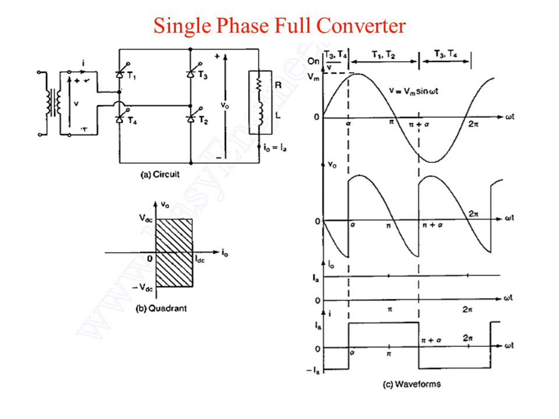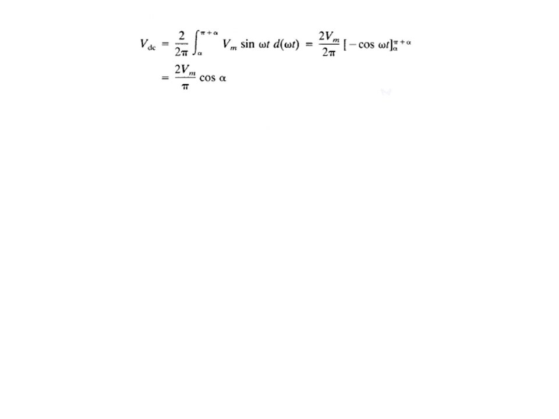From the waveform shown in figure C, the average output voltage can be found, and it is given by the equation VDC is equal to 2 divided by 2 pi integration alpha to pi plus alpha Vm sin omega t d omega t.